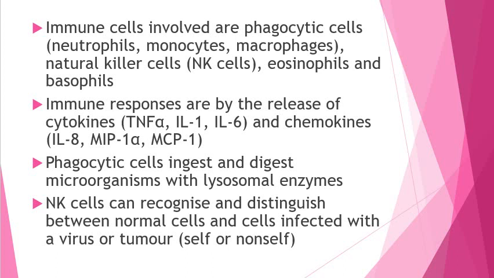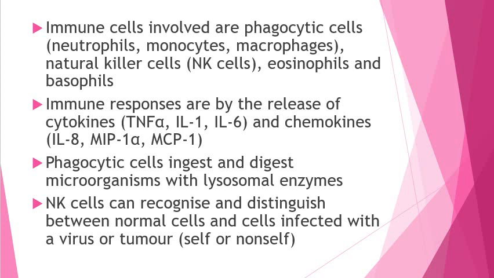So there is chemotactic involvement. There is chemotaxis in nearby responsive cells, and that is why chemokines are also called chemotactic cytokines. So chemokines are interleukin 6, MIP1 alpha, and MCP1.